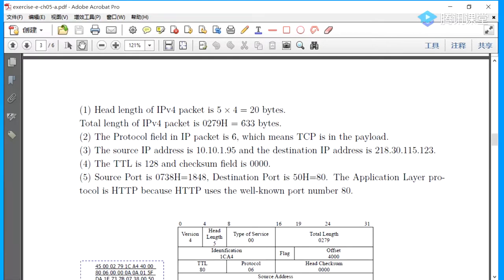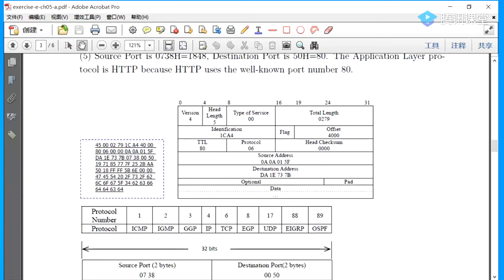And the destination port is 50 in hexadecimal notation, which equals 80 in decimal notation. So that 80 is less than 1024, so it is a well-known port number. A well-known port number has a special meaning.